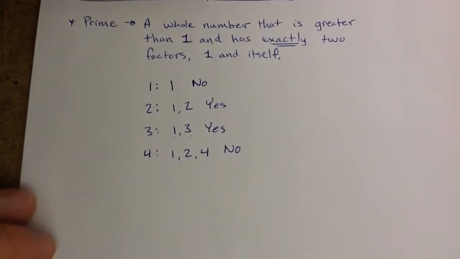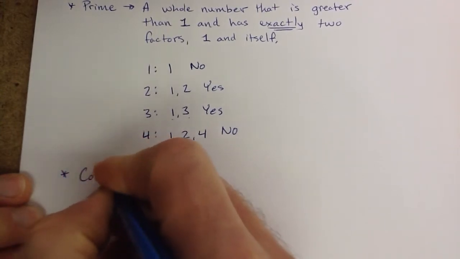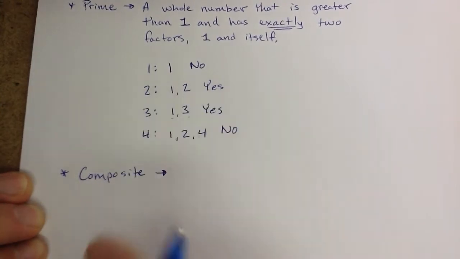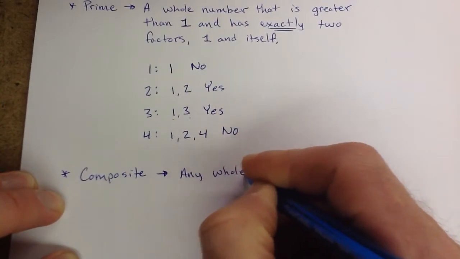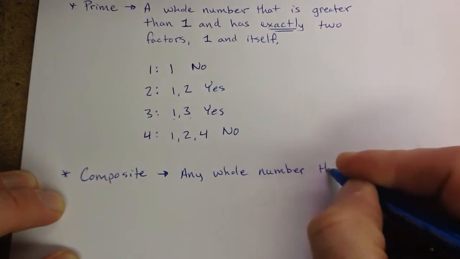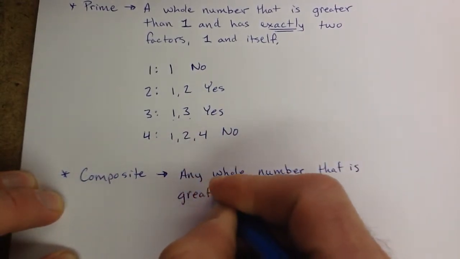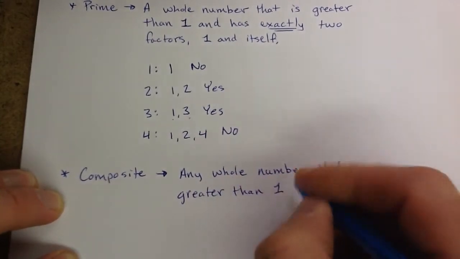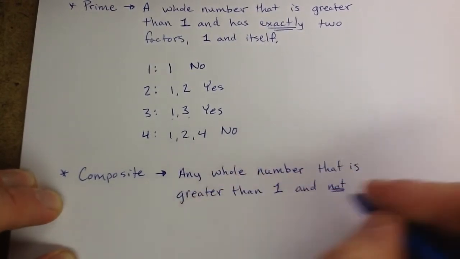Now let's flip the page here and let's start looking at composite numbers. Now a composite number I would define as any whole number that is greater than 1 and not prime.